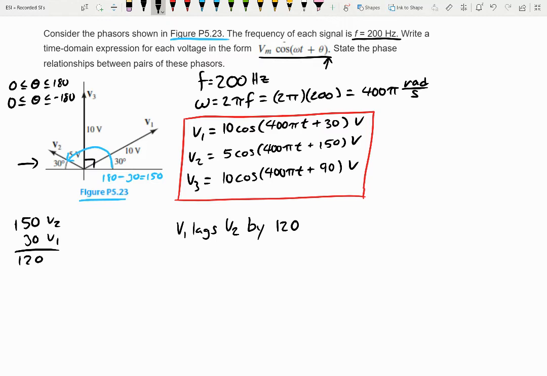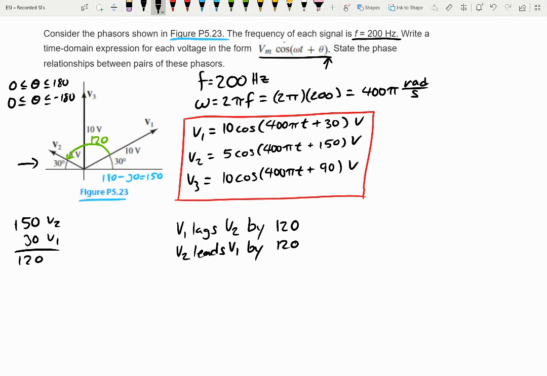You can see that from here, that V1 is 120 degrees behind V2. That's all that means. Another way of saying that is V2 leads V1 by 120 degrees, and that's just the same expression.